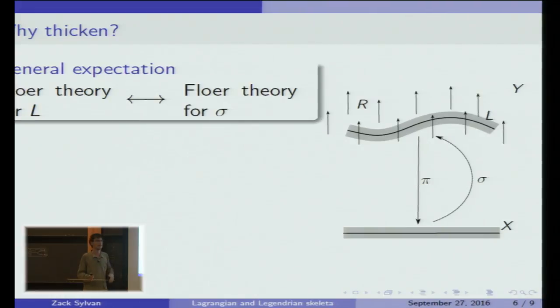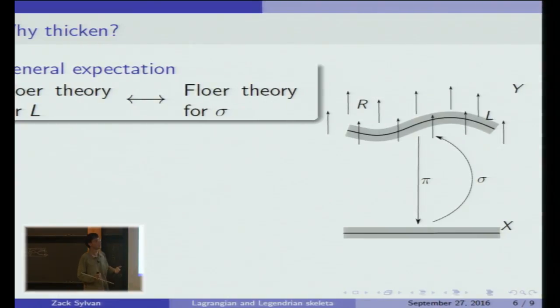And that tells you things like, for any one form that you put on Y, this vector field is going to have a chord from L to itself which is shorter than some fixed number. These are the sort of statements that you get out of Floer theory.